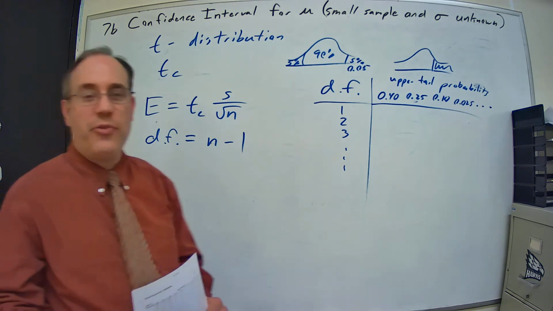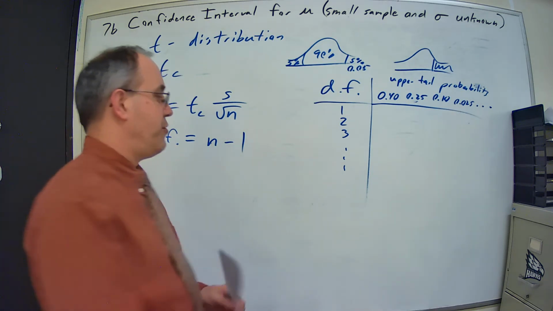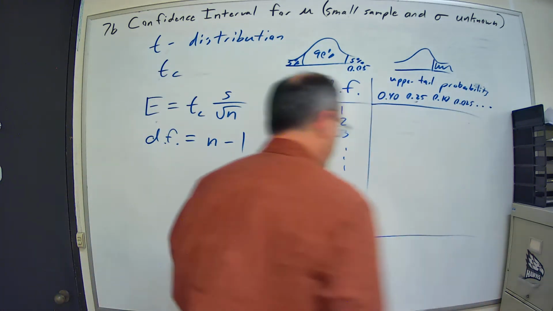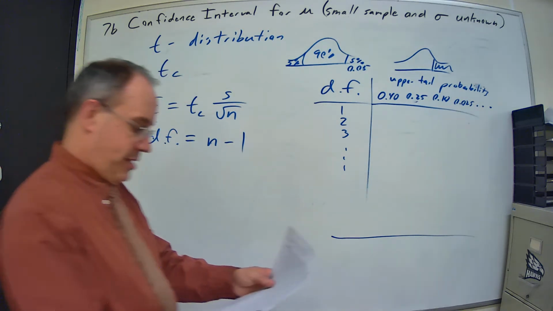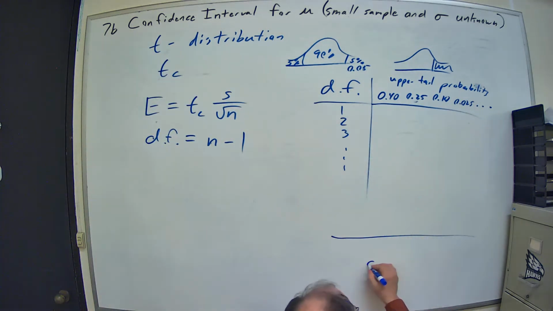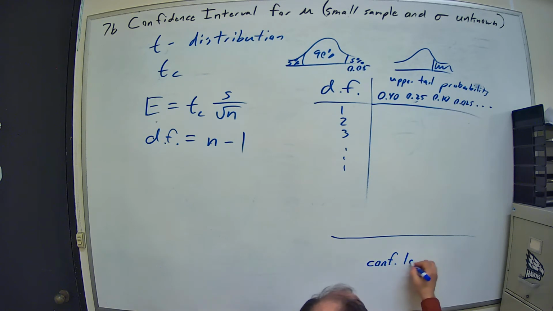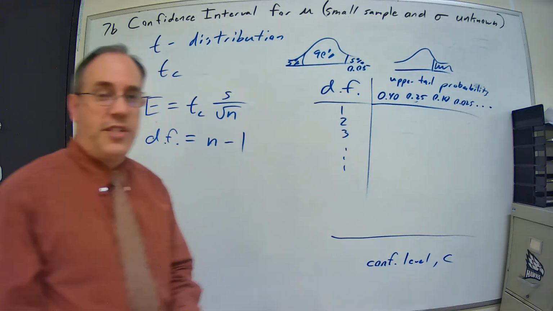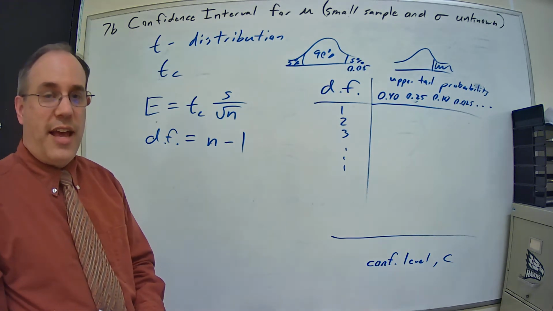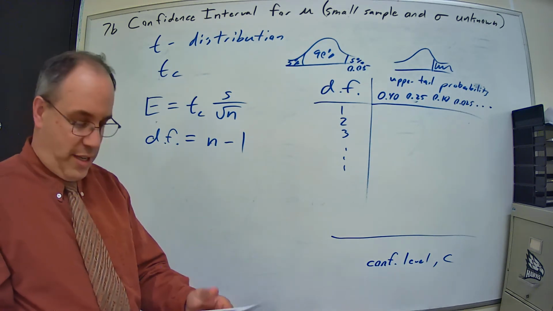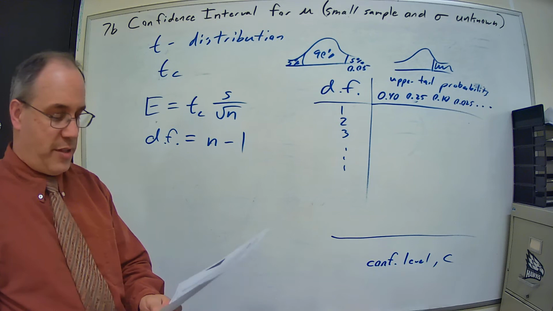Now, I'm going to let you in early on this little secret too. If you look at the bottom of the table, you'll see that it says confidence level C.